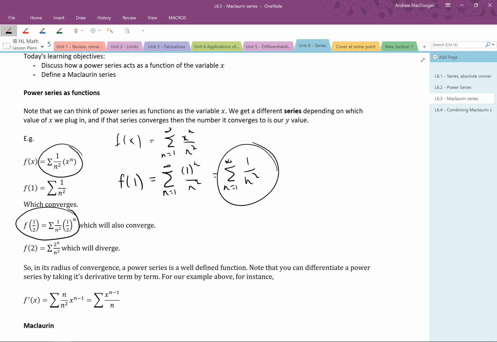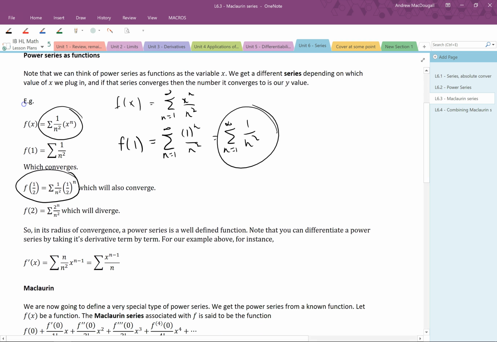You can use a convergence test on this that we did in the last unit. But some things I can't plug in, like I can't plug 2 into this. f of 2 is 2 to the n over n squared, and that's a divergent series. So power series can be functions, and their domain is their interval of convergence, which we did last unit.